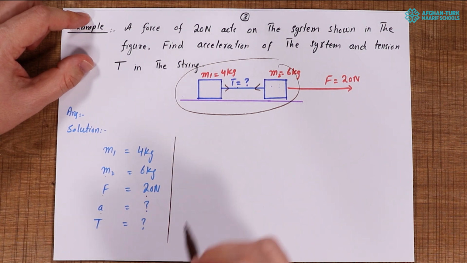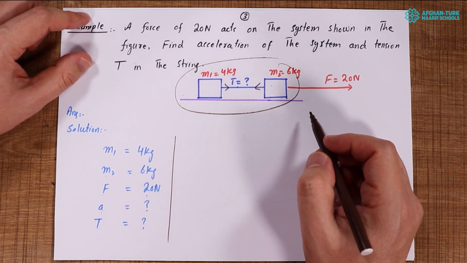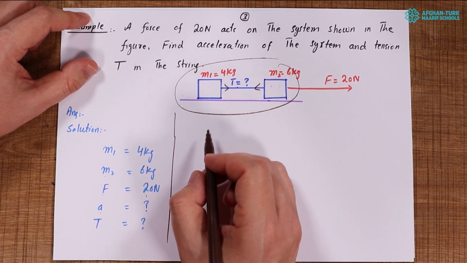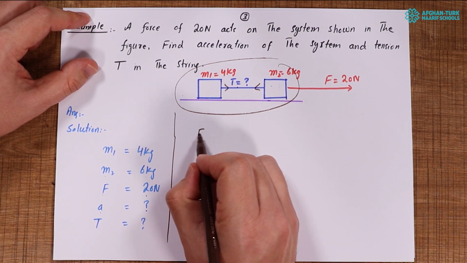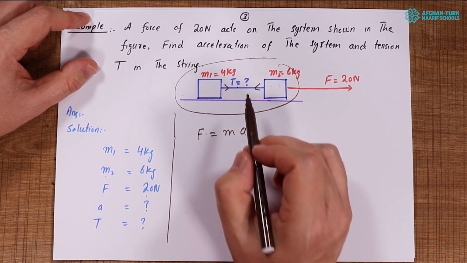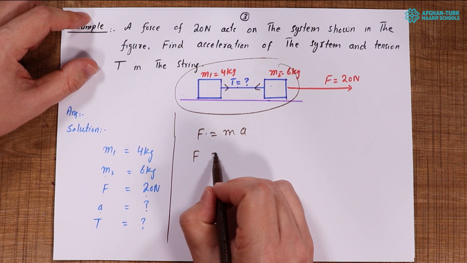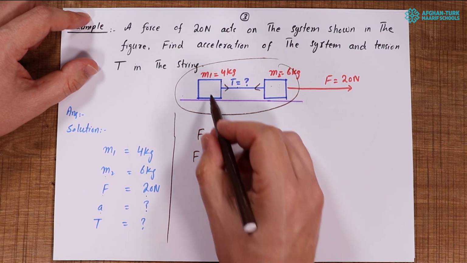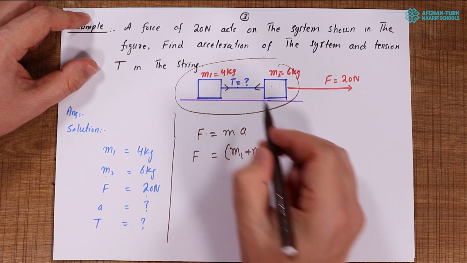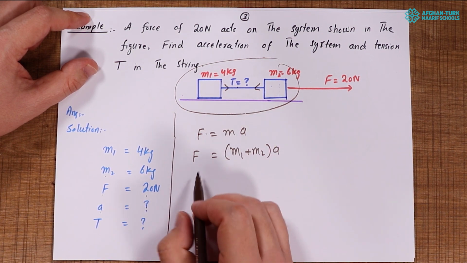Okay, let's see here. To find the acceleration, we will use Newton's second law, F is equal to ma. Now in this case we have two masses, so I can write m1 plus m2, times the acceleration.